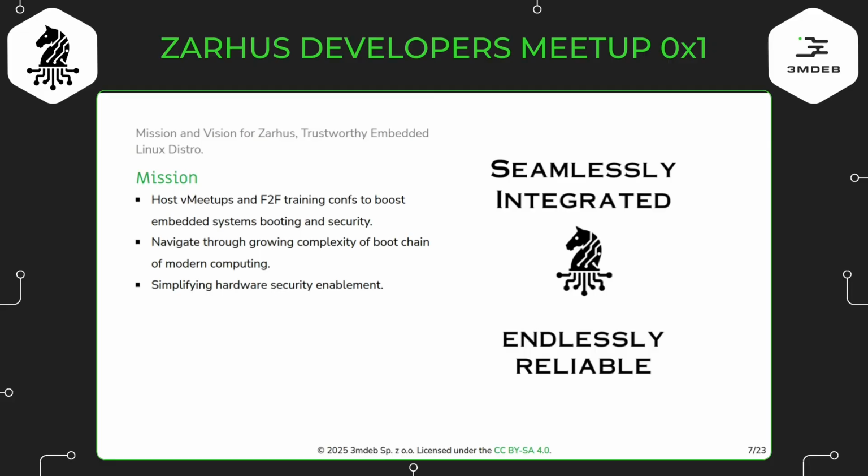So Zarhus was always about improving the root of trust provisioning, maintaining chain of trust, improving the use of various other roots of trust, like root of trust for measurement, dynamic or static, root of trust for identity like TCG DICE, then root of trust for updates, or root of trust for recovery if that's needed. And of course, don't forget about secure boot.